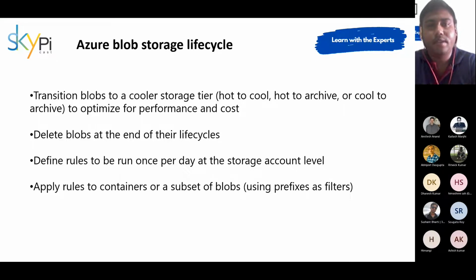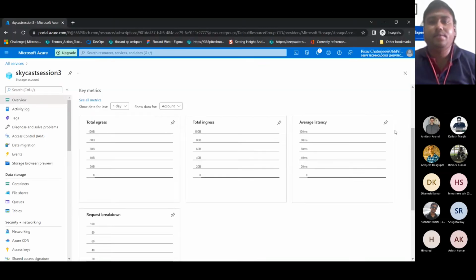So for that we have a storage lifecycle defined. To ease that process of storage, we have a storage lifecycle in Azure, and we can set the lifecycle from our Azure portal and also from Azure CLI, which is the command line environment, which we have here.